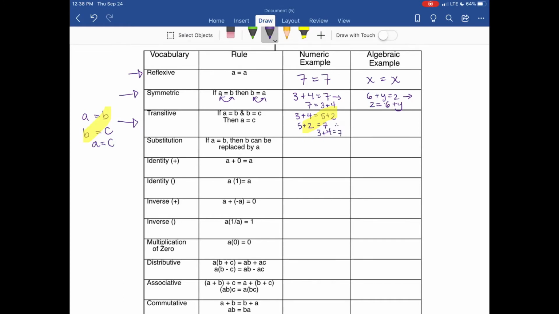Transitive is the same from an algebraic standpoint. If I had 3 plus x equals 5 plus 5, and 5 plus 5 equals 7 plus y, then my conclusion, where's my linkage? There's my link. My conclusion is that 3 plus x has to equal 7 plus y.